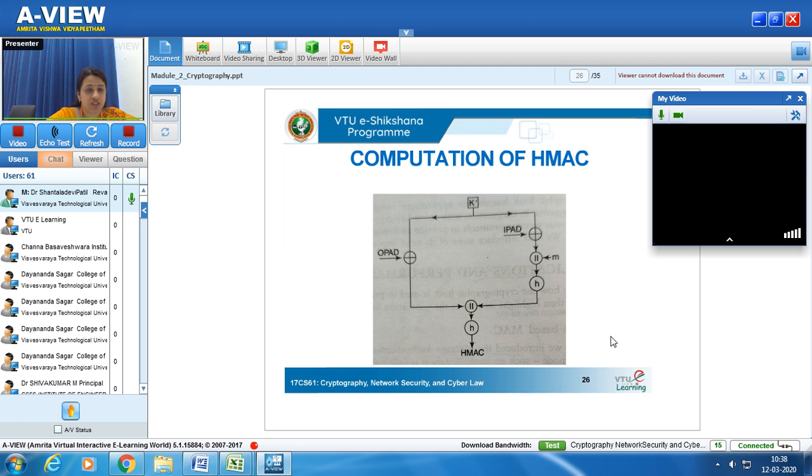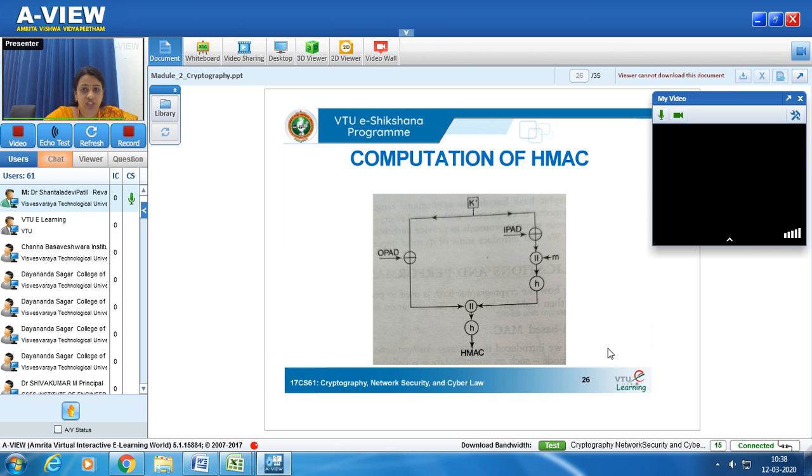Both are different hex values, repeated multiple times. Here M stands for the message and H stands for the hash. We can see H is again a hash, and after the entire operation is performed, we get the HMAC. So let's try to understand this diagram. We have the key, which acts as an initialization vector, and we subject it to XORing with the ipad value.